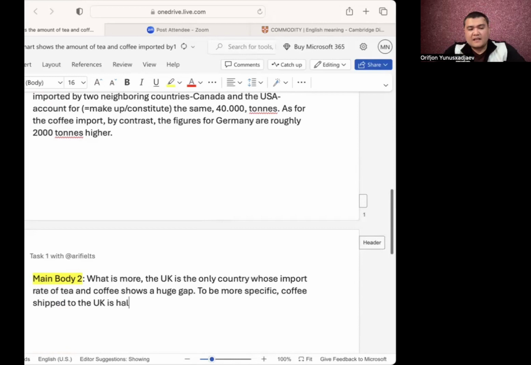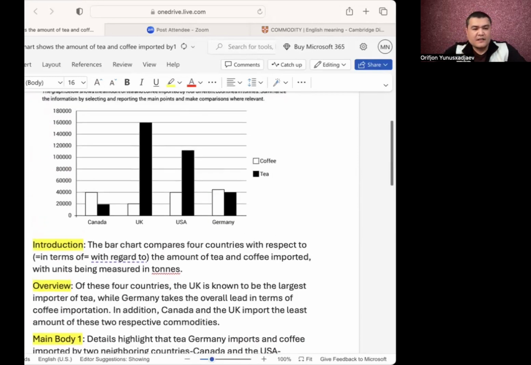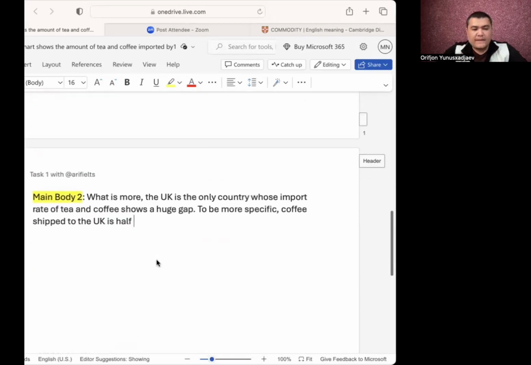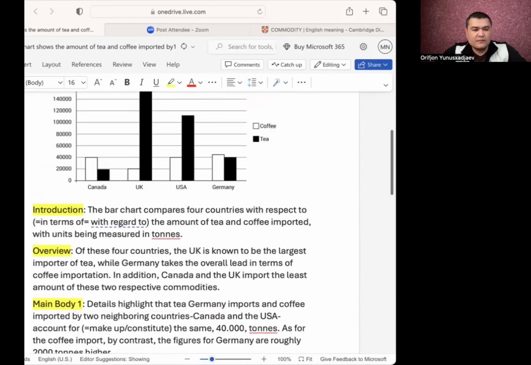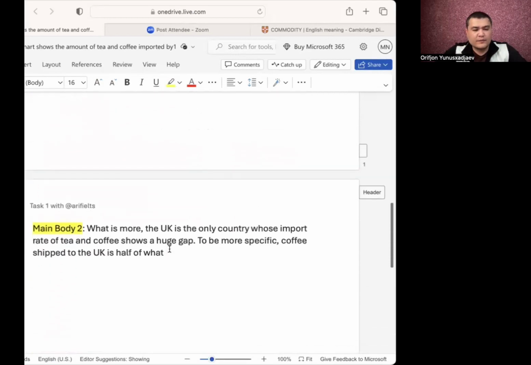Is half of, right? It's because here it's half right here. Half of this one. So to be more specific, coffee shipped to the UK is half of what Canada and the USA, right? So instead of repeating the word Canada and the USA, let's write Canadians and US Americans, right?